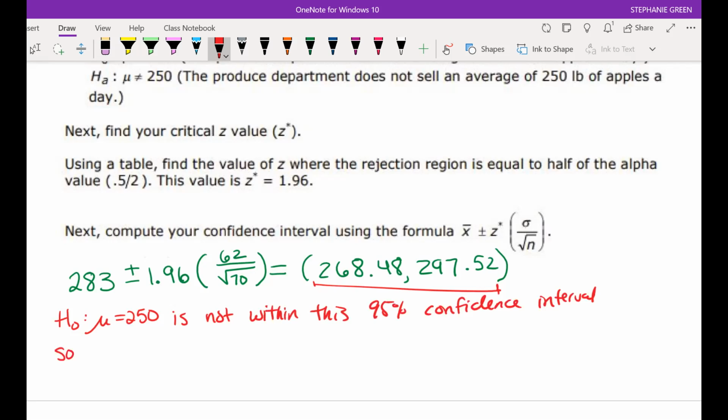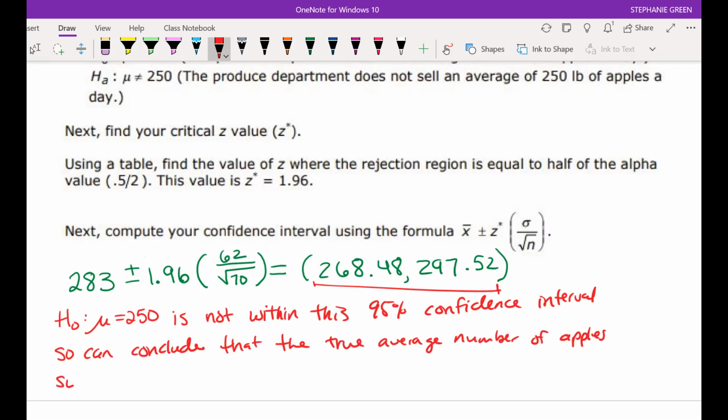So we can conclude in context that the true average number of apples sold per day is not 250.